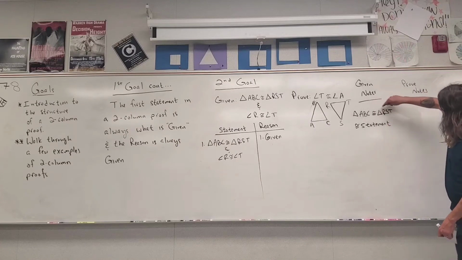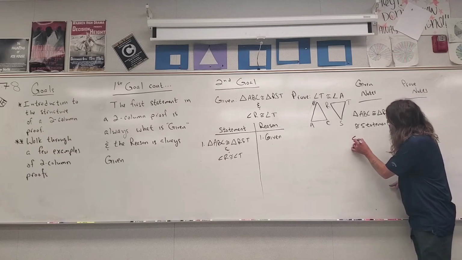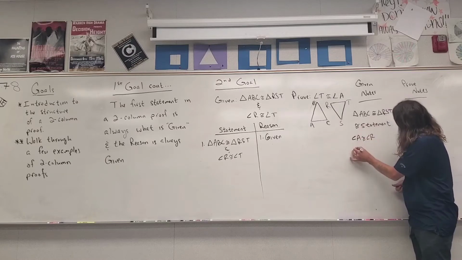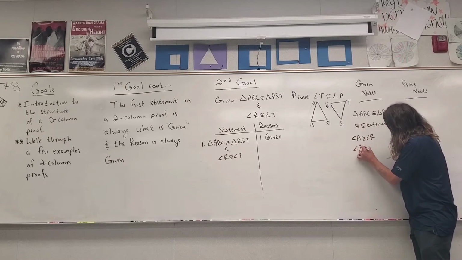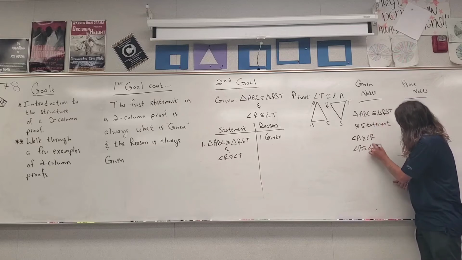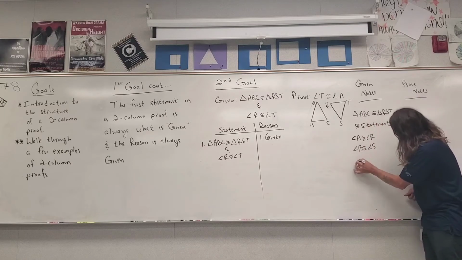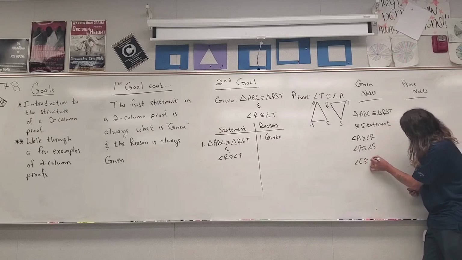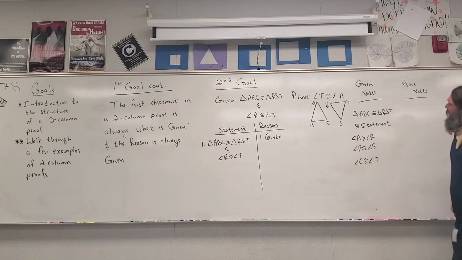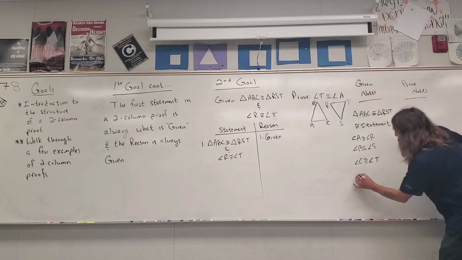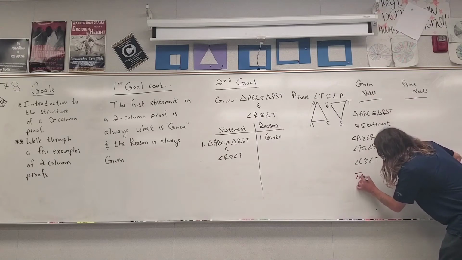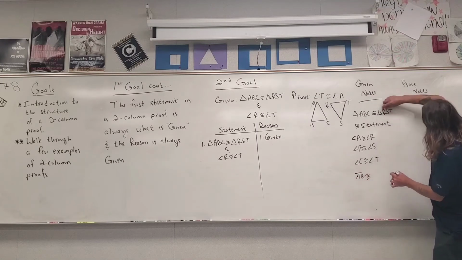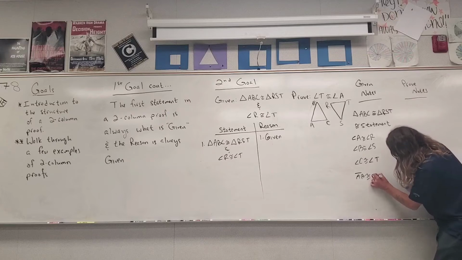I know that angle A is congruent to angle R. I know that angle B is congruent to angle S. I know that angle C is congruent to angle T. I also know that side AB is congruent to side RS.